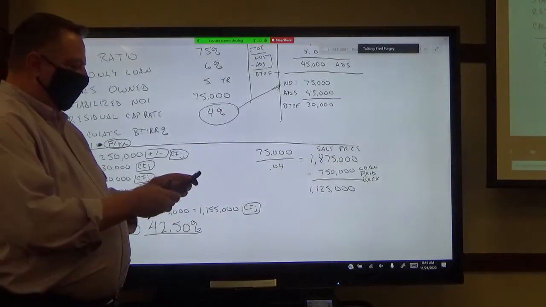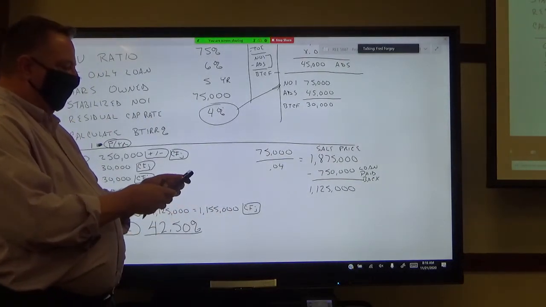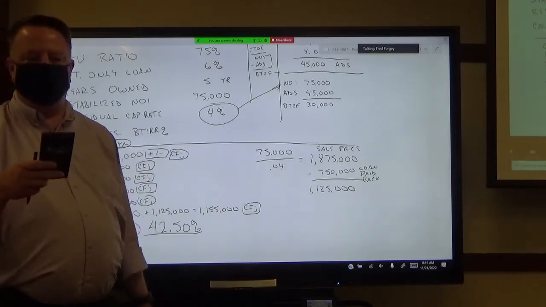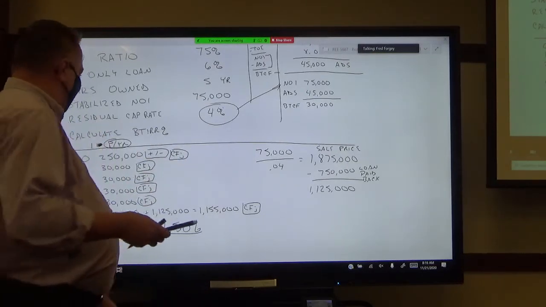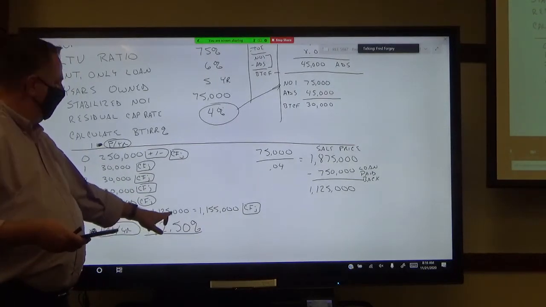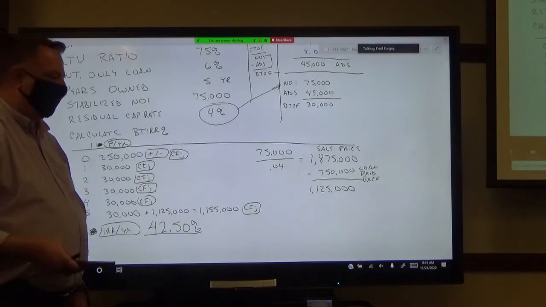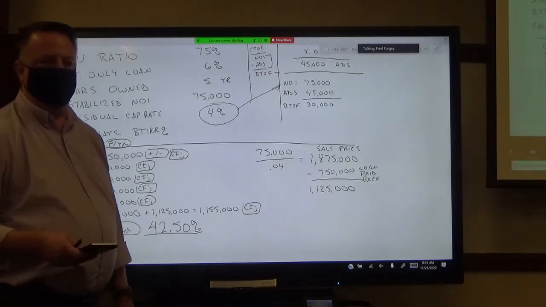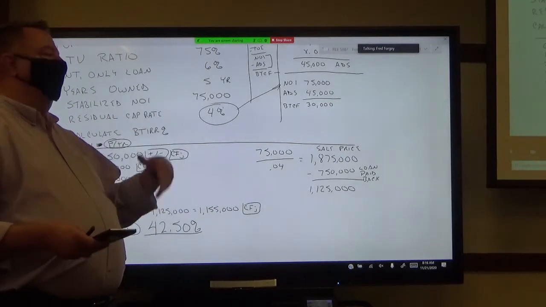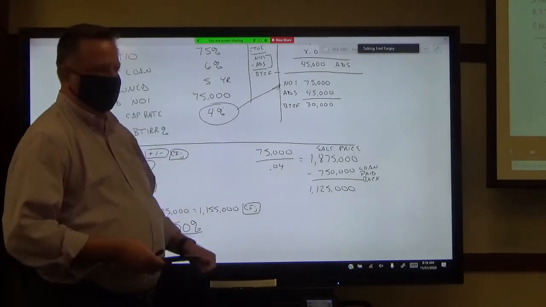Then we would still have to pay back our loan of 750,000, and that would have only left us with about 187,000 as our residual that we would have received. So that would have dramatically lowered our rate of return on the project. So the point is, we scored big because of the cap rate.